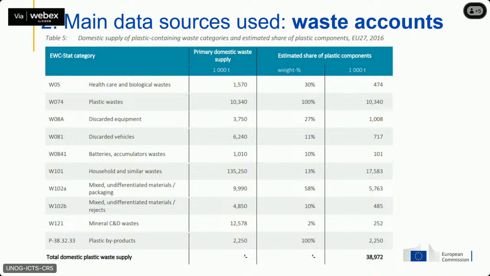The most important categories are the second row in this table, plastic wastes, and 100% of them are plastic, of course, and this is 10,000 tonnage. And then a second one is household and similar wastes, of which only a small fraction is plastic, and we applied 13%. And finally, the last big category here is plastic byproducts, that is 100% plastics, sorry.